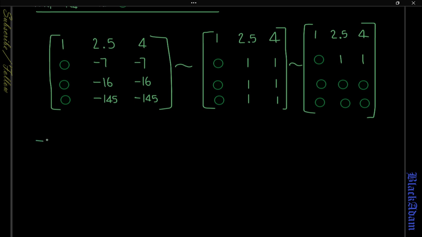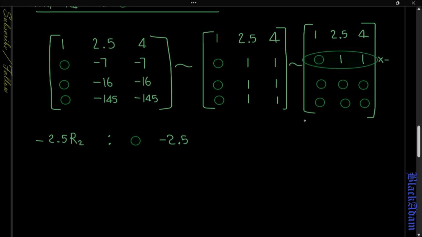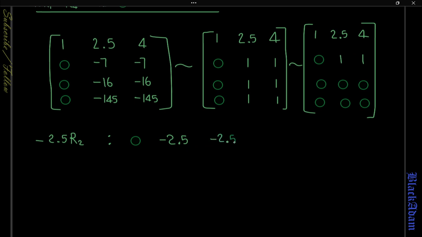So what we do, we're going to say negative 2.5 times row 2. We're going to remove the second part, so it's 0, negative 2.5, negative 2.5, and then row 1, that's 1, 2.5, and 4.